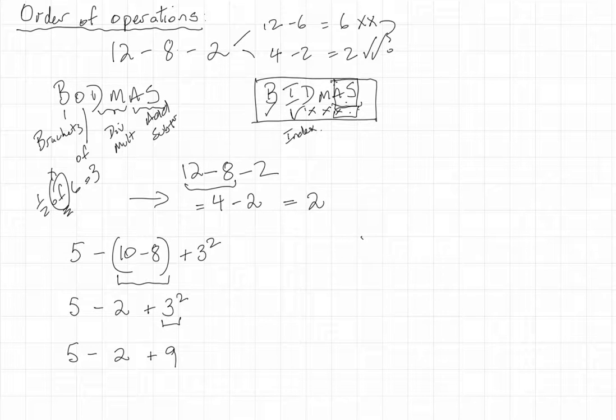Addition and subtraction are both worth the same. So we come across a subtraction first, so we will do this bit first. 5 minus 2 is 3, plus 9, and we get an answer of 12.